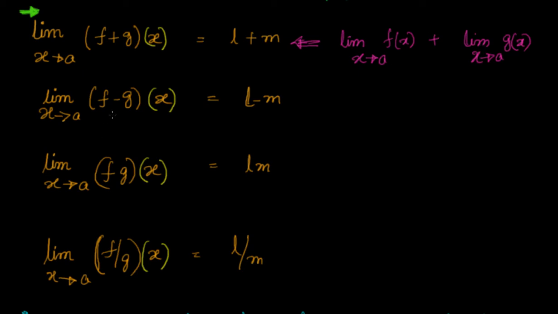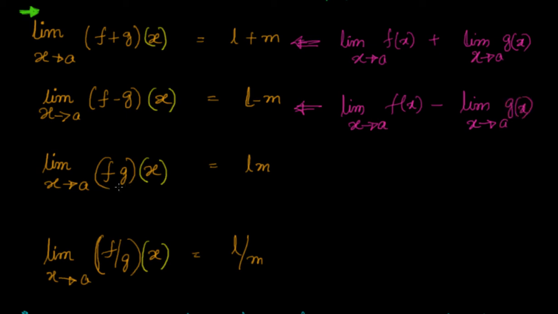Similarly, the limit of a difference is nothing but the difference of limits. In the same way you can write the limit as x tends to a of f of x minus the limit as x tends to a of g of x.